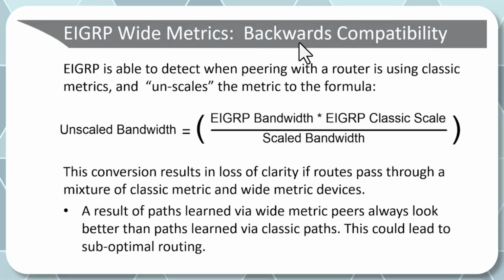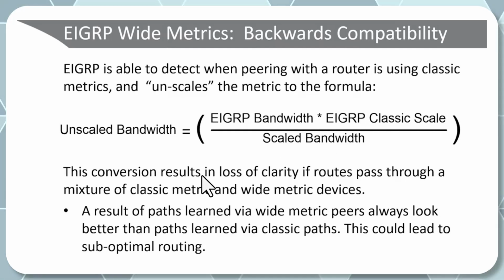EIGRP wide metric backward compatibility. EIGRP is able to detect when it is peering with a router using the classic metric, and it unscales the metric in the formula. It will calculate the unscaled bandwidth, the normal EIGRP bandwidth, then EIGRP classic scale upon scaled bandwidth.